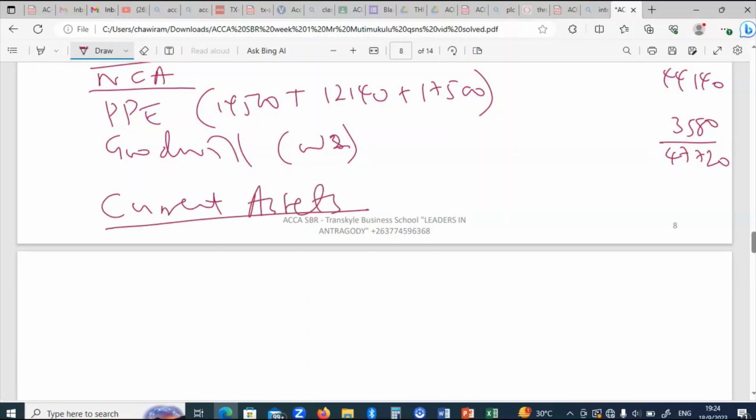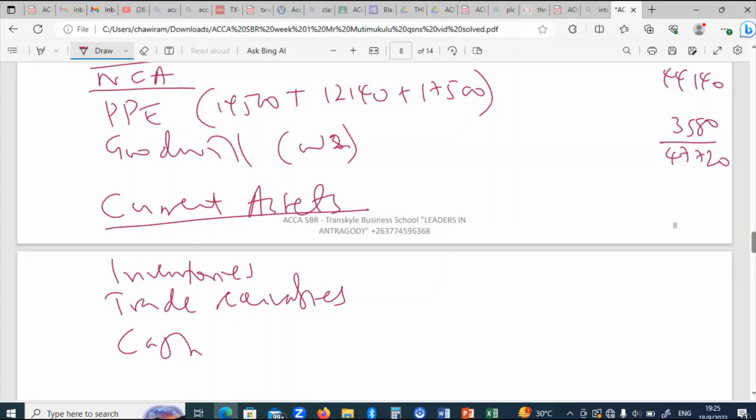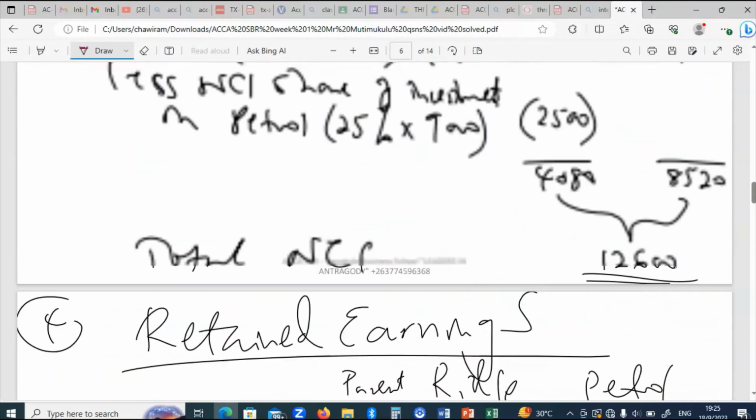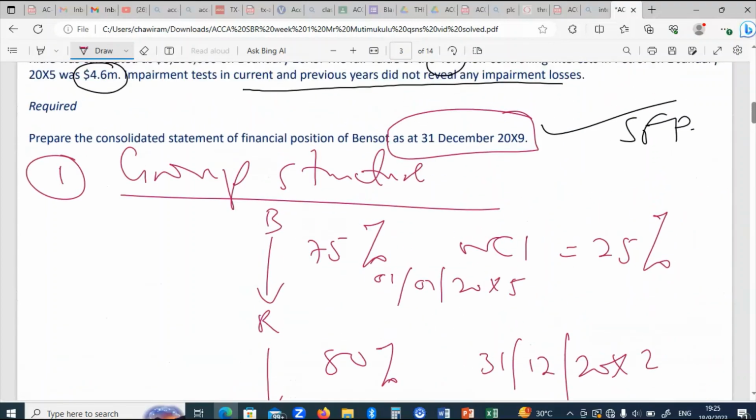The current assets, we're going to have inventories, trade receivables, okay, and cash or bank. All right, so there's been no adjustments again for these figures, so you just have to go to our statement of financial position.